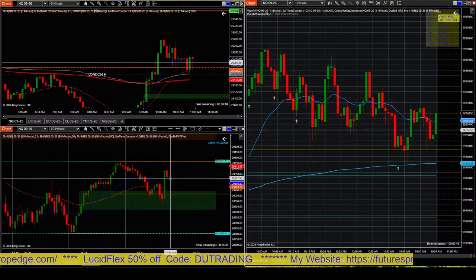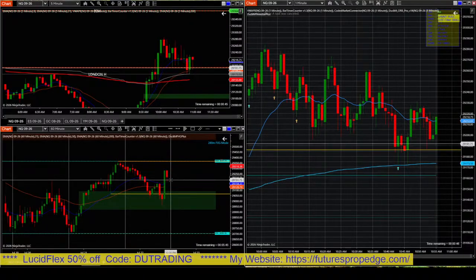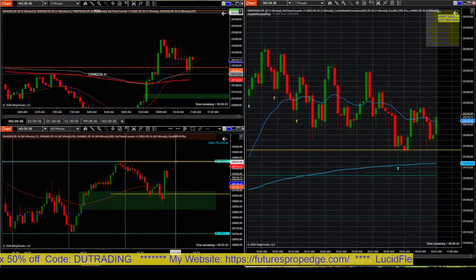The next hourly candle will give the opportunity to get up here. Just waiting.